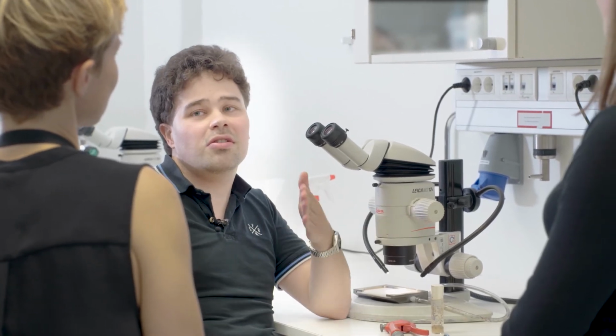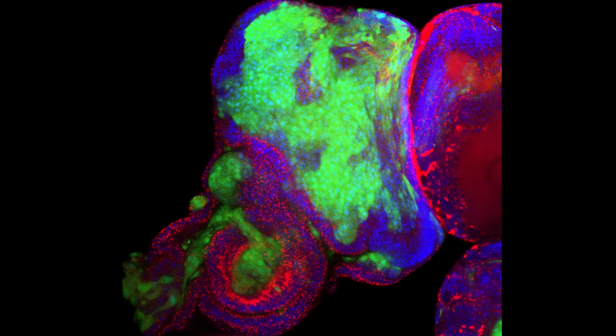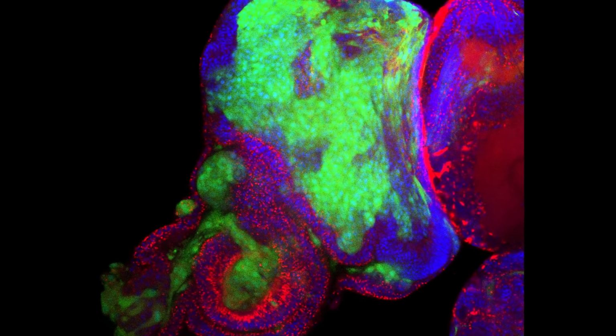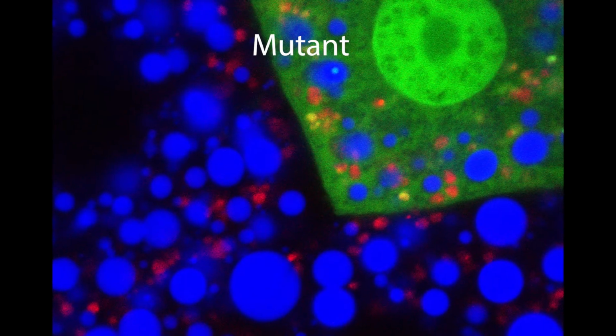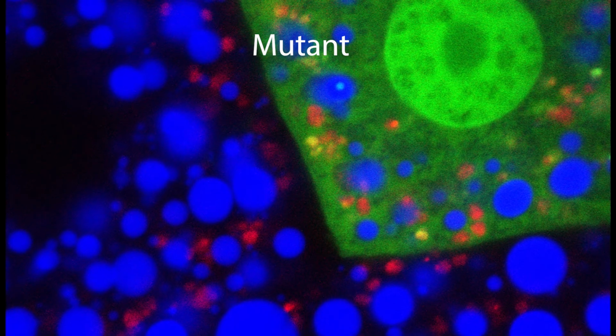But if you cross a fly having an oncogenic transgene with another which has an activator transgene for this oncogene, then in the offspring, you can have tumors which you can study. The superpower of Drosophila is that thanks to the powerful genetic system, we can generate mosaic tissues. It means that only a subset of cells will express these oncogenes and develop tumors.